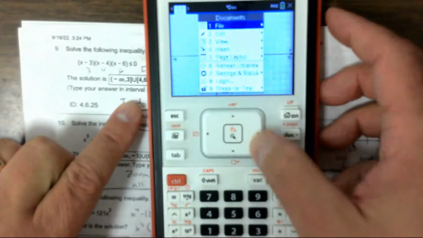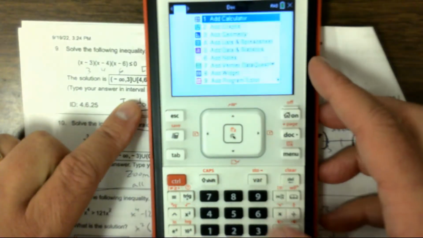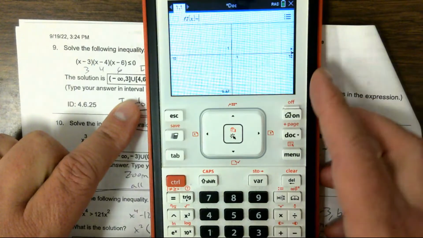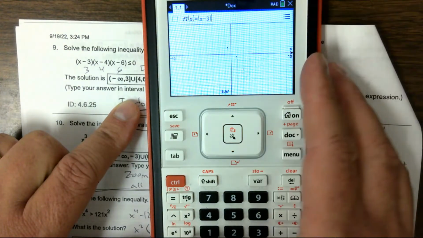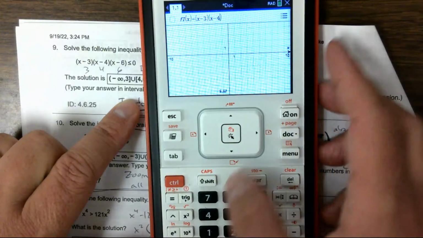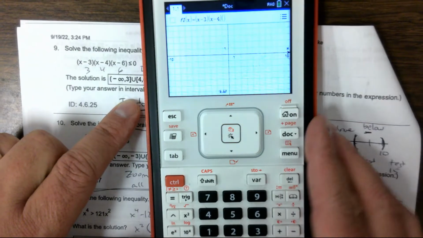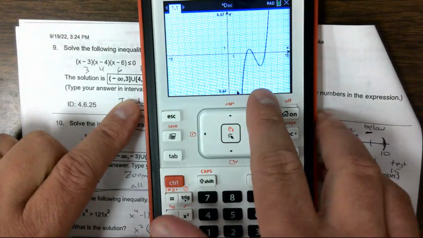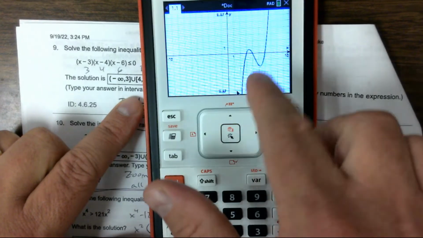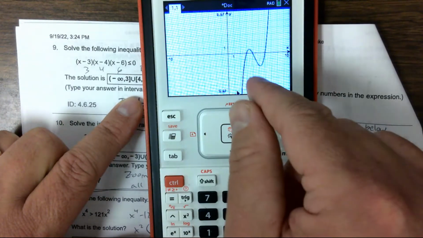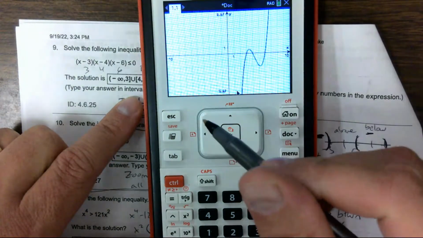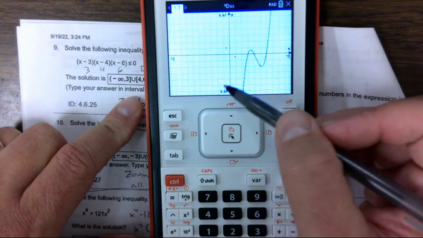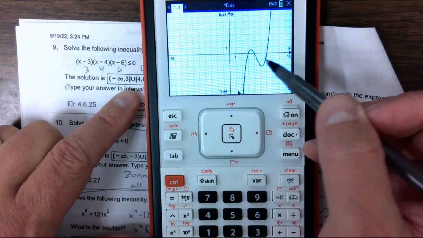So let's do it normal first. X minus 3, X minus 4, X minus 6. So there you go. It's going to be 3 and 4. And then, well, okay, we want below. So we want negative infinity to 3, and then we want 4 to 6.